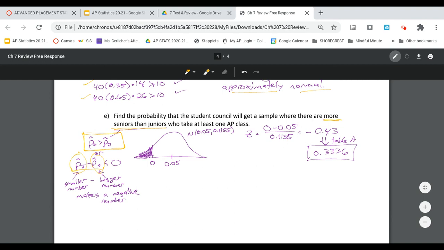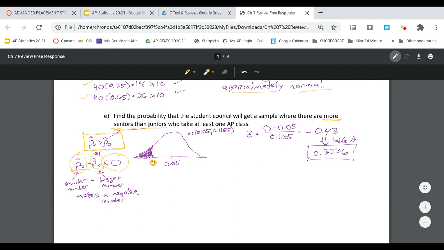And in that situation, we would get something that's less than 0, a negative number. So that's a way to think about it. So 0 is our sample data point we're interested in. And if we're less than 0, that means junior minus senior is a negative, which means there's more seniors than juniors, smaller number minus bigger number.